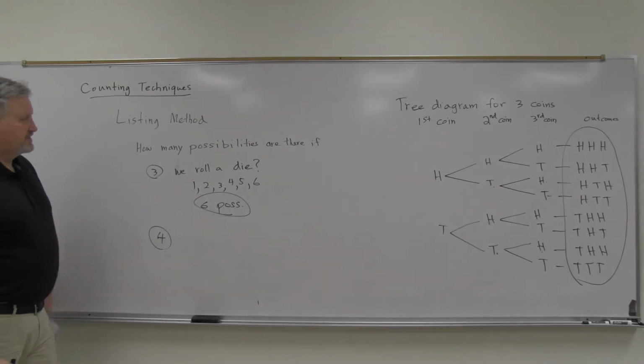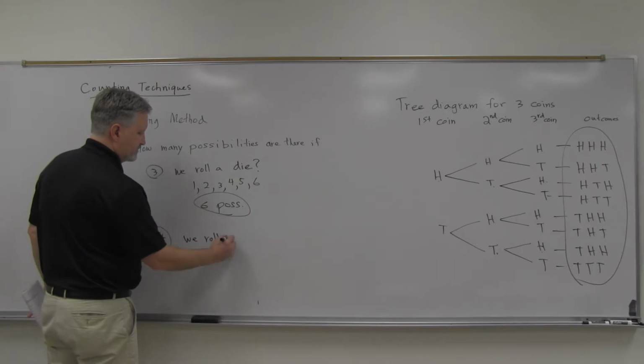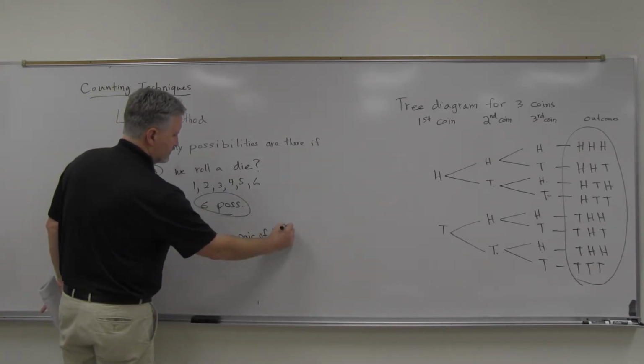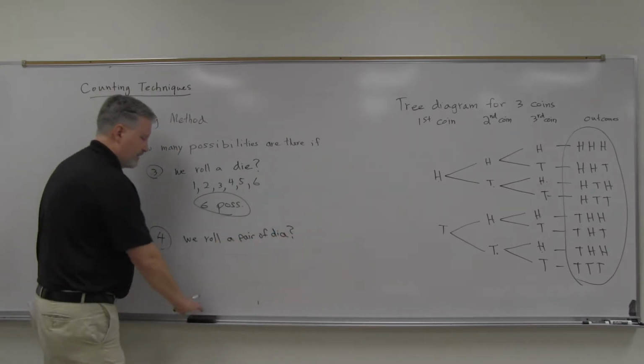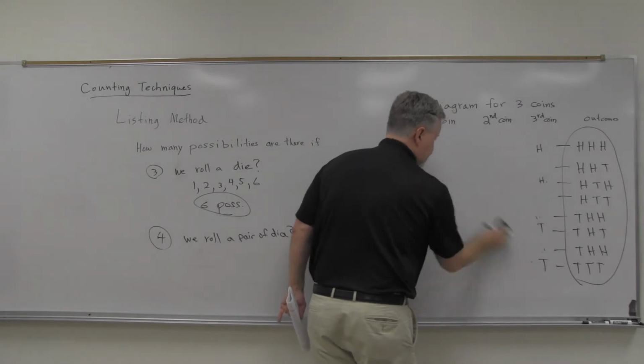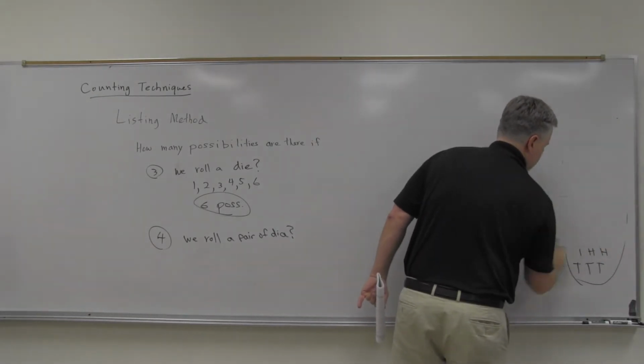Now, how many possibilities are there if we roll a pair of dice? Well, there are a few more there, so let's think about listing those out. This one we might do more with a table here.